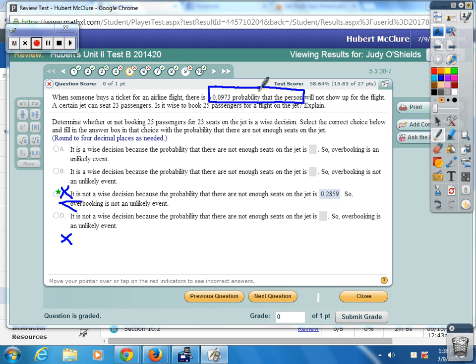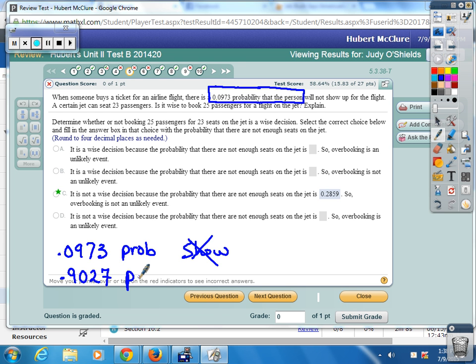So the first thing you should say is, okay, well, if there is a 0.0973 probability of not showing up, then we have a 0.9027, somebody check me, probability, excuse me, of what? Showing up.